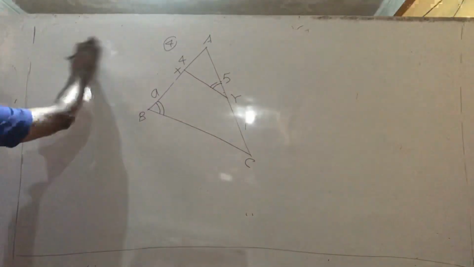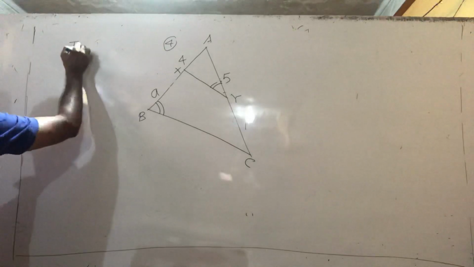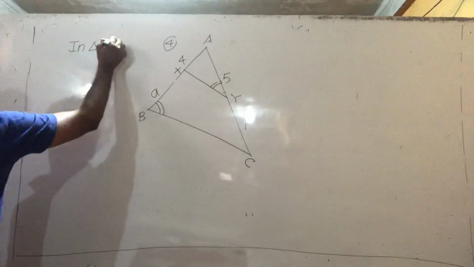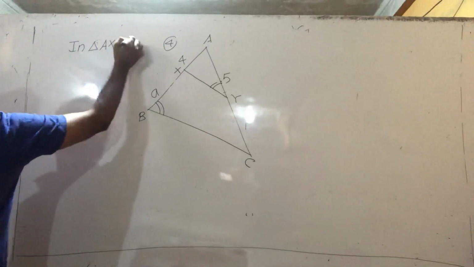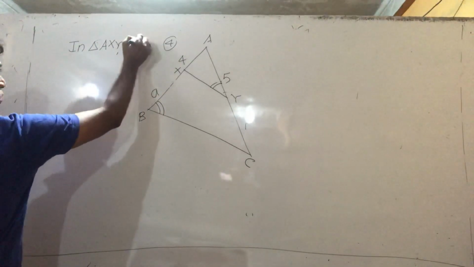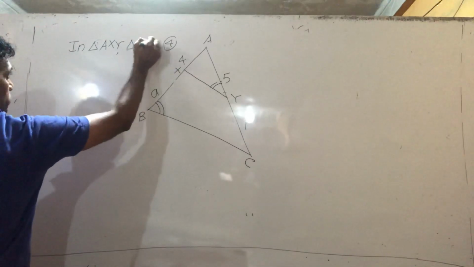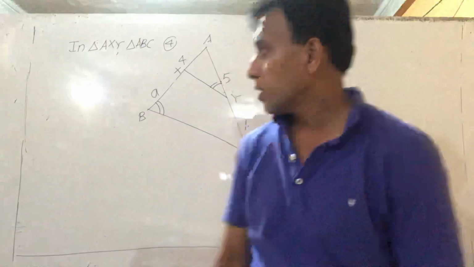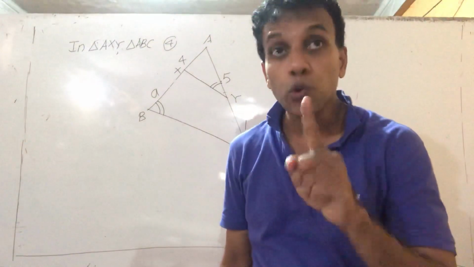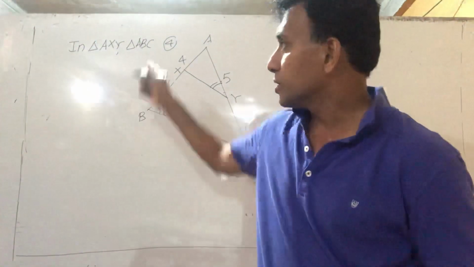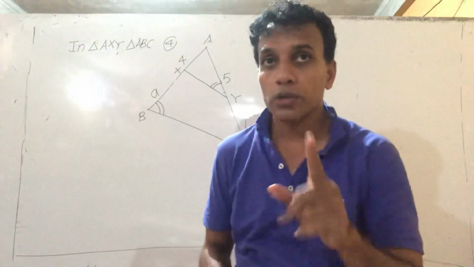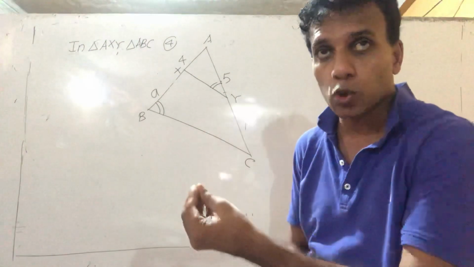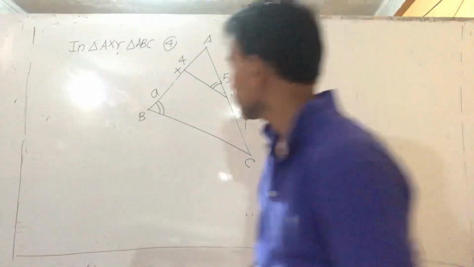So see that in triangles ABC and AXY, right? If they ask the question, prove that, or show that these 2 triangles are equiangular, not congruent, now I am going to show how to show that they are equiangular.